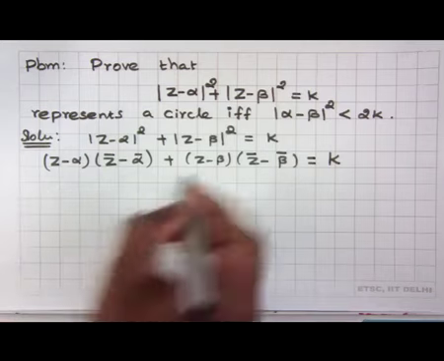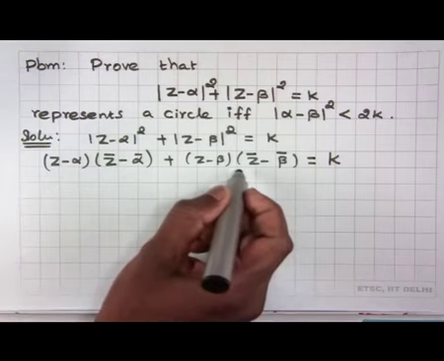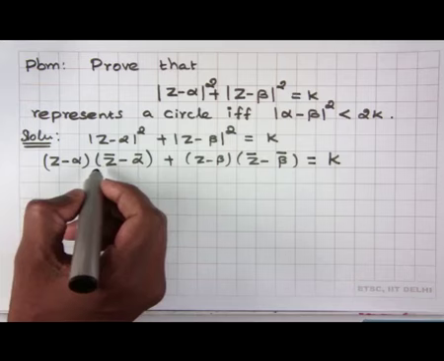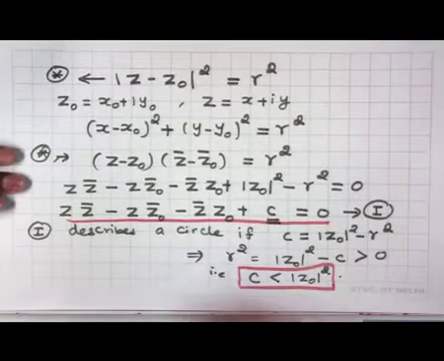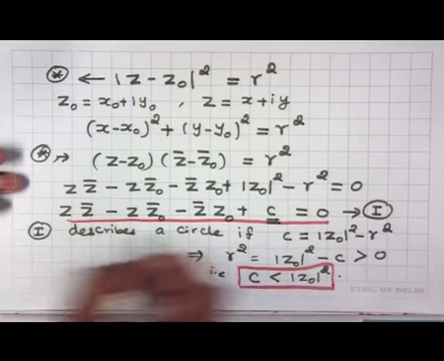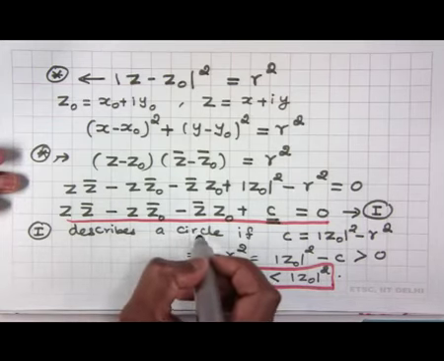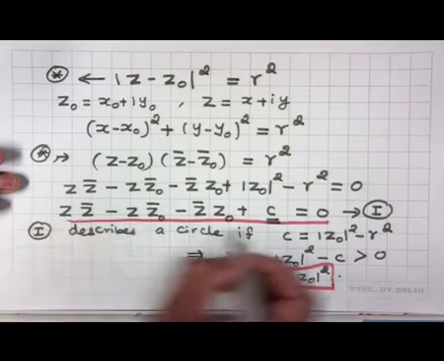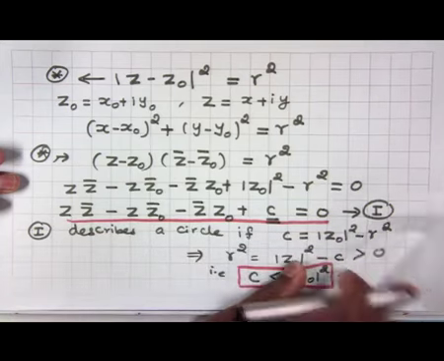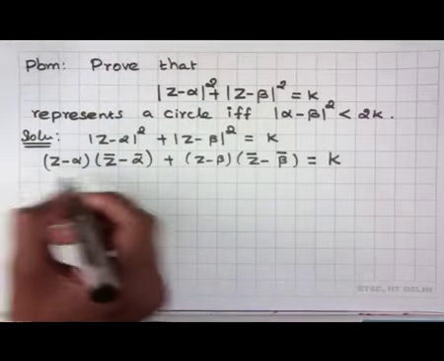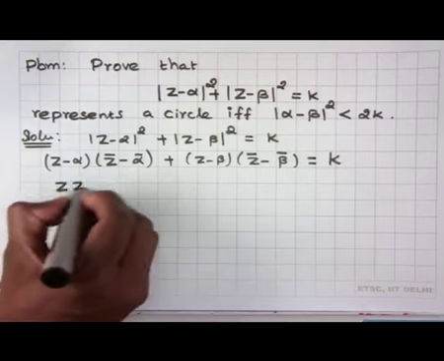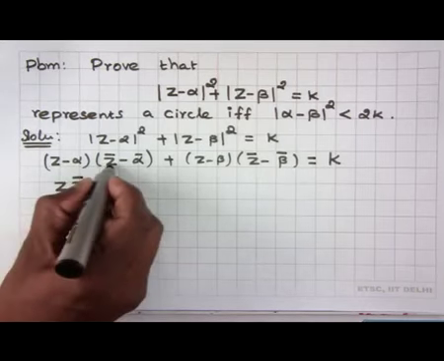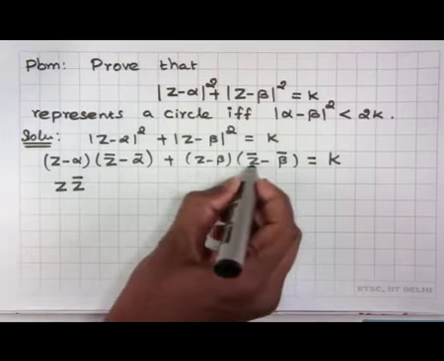Now, recall the previous result. We need to represent a circle, so we need to get it in this particular form. Let us try to simplify in this form. We have z z̄, one factor from here and another factor from this expression.